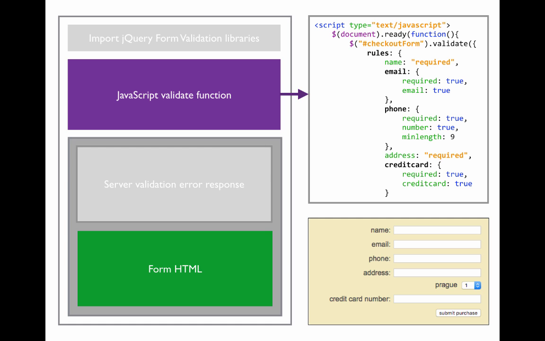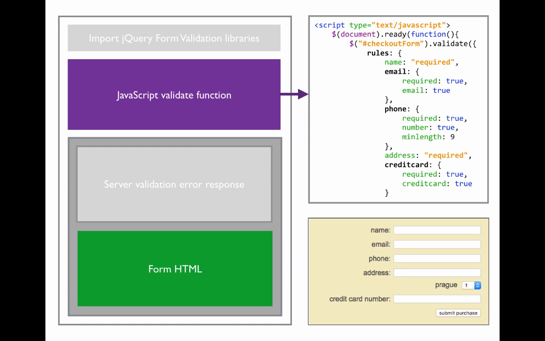The string #checkout form refers to the element ID of the form you want to validate. The rules property is a JavaScript object containing key value pairs. The keys correspond to the name properties, not the ID properties, but the name properties of the form's various input elements.